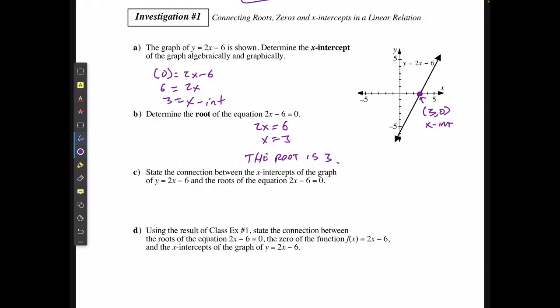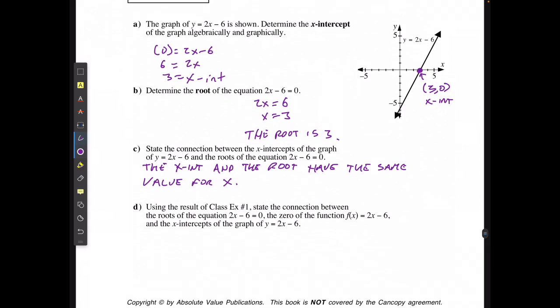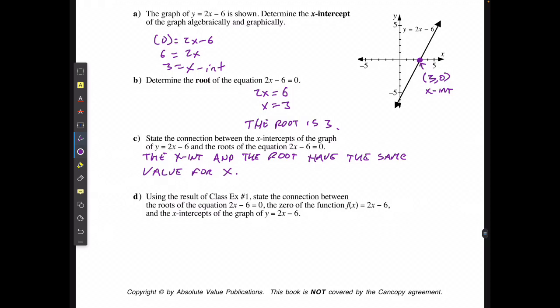State the connection between the x-intercepts of the graph and the roots of the equation. The x-intercept and the roots have the same value for x. If we look at the part that we've already done, when we solve for the 0, and it was still 2x minus 6, then it's the same.